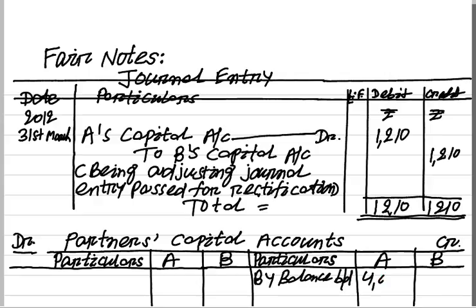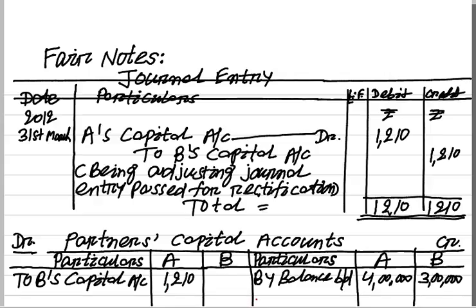4 lakh for A and 3 lakh for B. See the above journal entry: A's capital account debited to B's capital account. So in A's capital account, write down to B's capital account 1210.